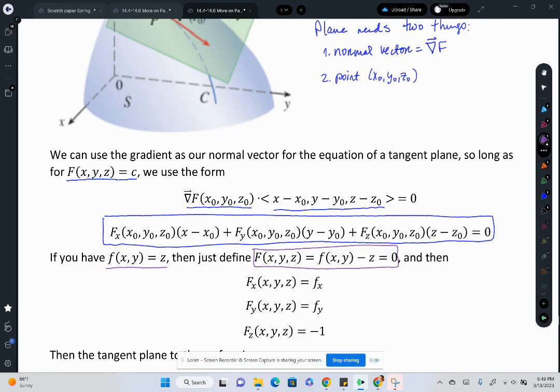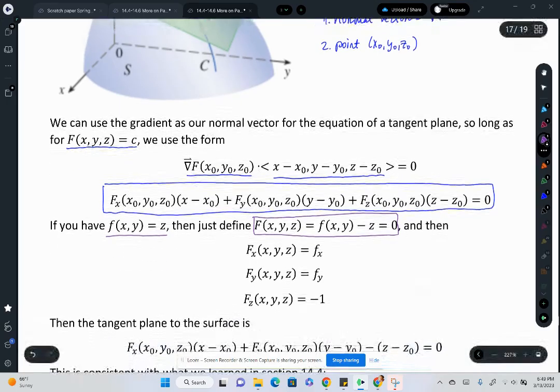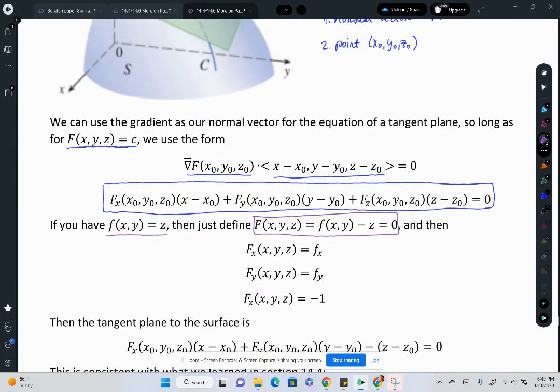Then, when we calculate the first partials, the first partial of big F with respect to x will be little f with respect to x. First partial of big F with respect to y will be little f with respect to y. And the first partial with respect to z of big F will just be a -1.